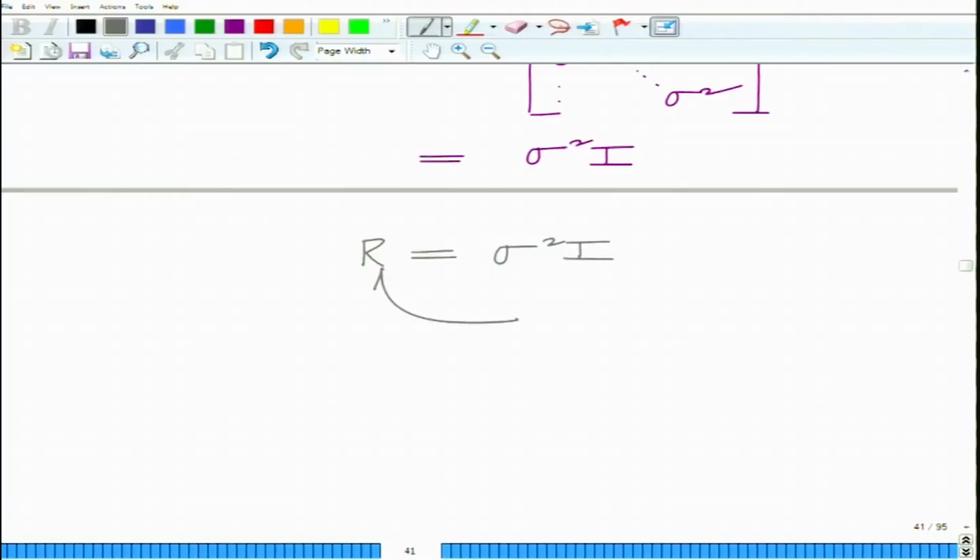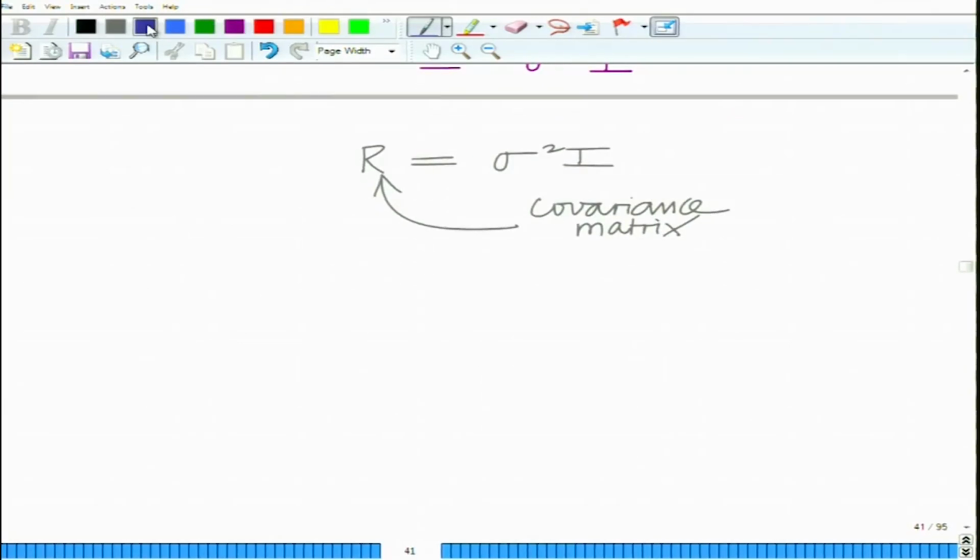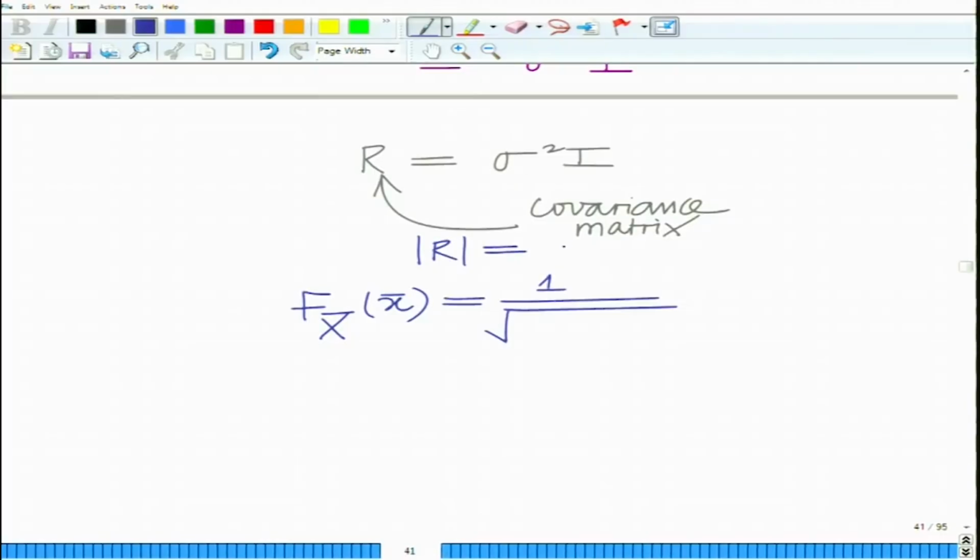Remember, this is our covariance matrix, and therefore the multivariate Gaussian probability density function is given as 1 over square root. Now, if you look at the determinant of this, R is sigma square times identity, so the determinant of R is sigma square raised to the power of n, which is sigma to the power of 2n.